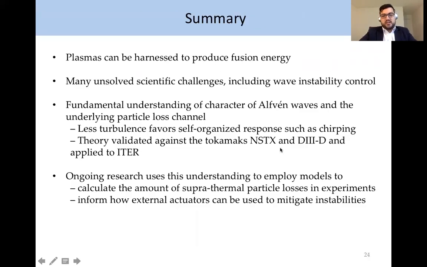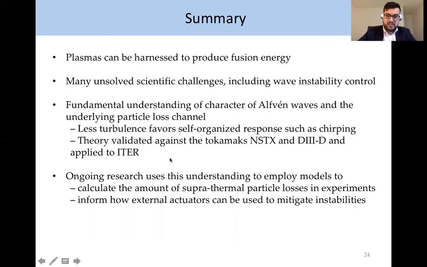So in summary, I tried to make the case for why plasmas can be harnessed as a potential source of fusion energy and the advantages that it has. I mentioned that there are many challenges, many unsolved problems, including the one that I studied in my thesis, which has to do with control and understanding of instabilities.